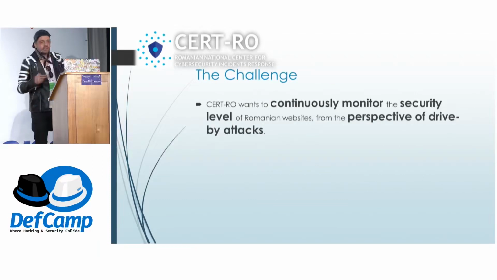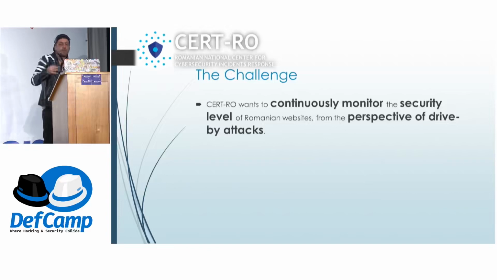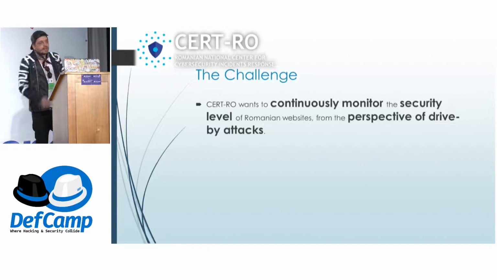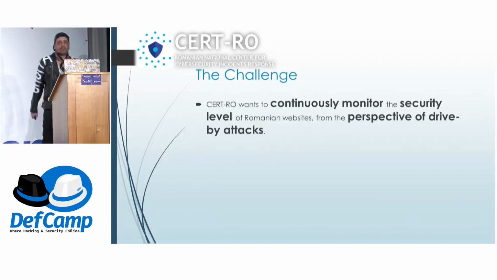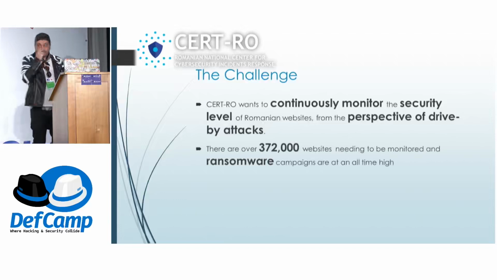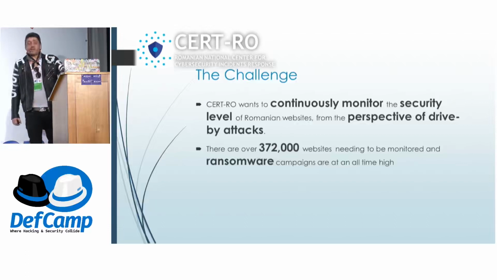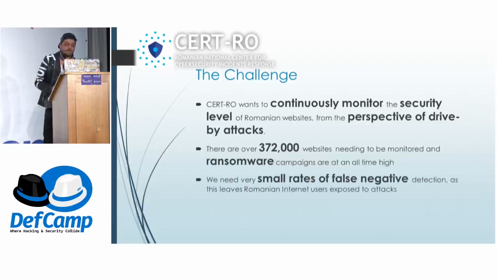So the challenge at the Romanian National Center for Cybersecurity Incidents: we want to continuously monitor the security level of Romanian websites from the perspective of drive-by attacks. But there are over 372,000 websites needing to be monitored, and ransomware campaigns are at an all-time high.